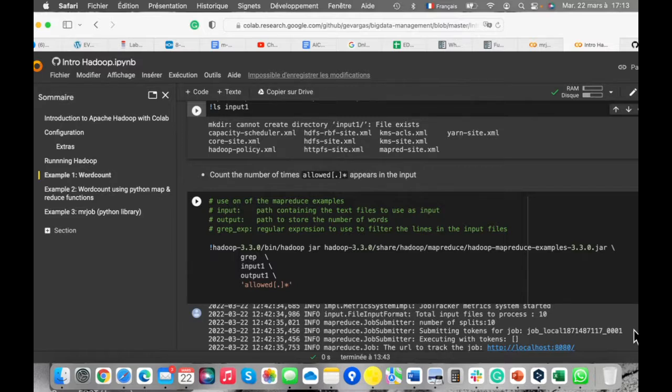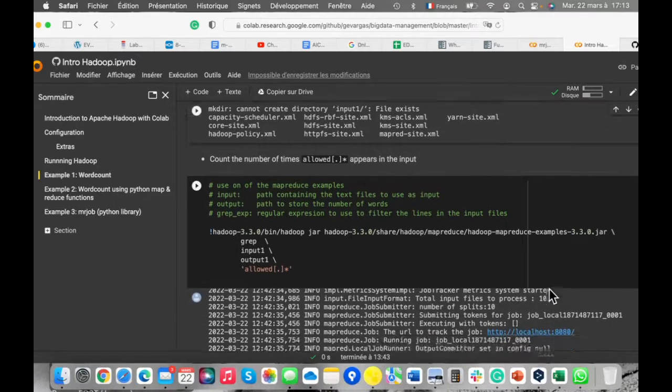Since we have different processes, they are not completely synchronized. So once the set of mapper processes have terminated the execution, it triggers the shuffling and sorting process, and then it triggers reducers in order to execute the reduce function.